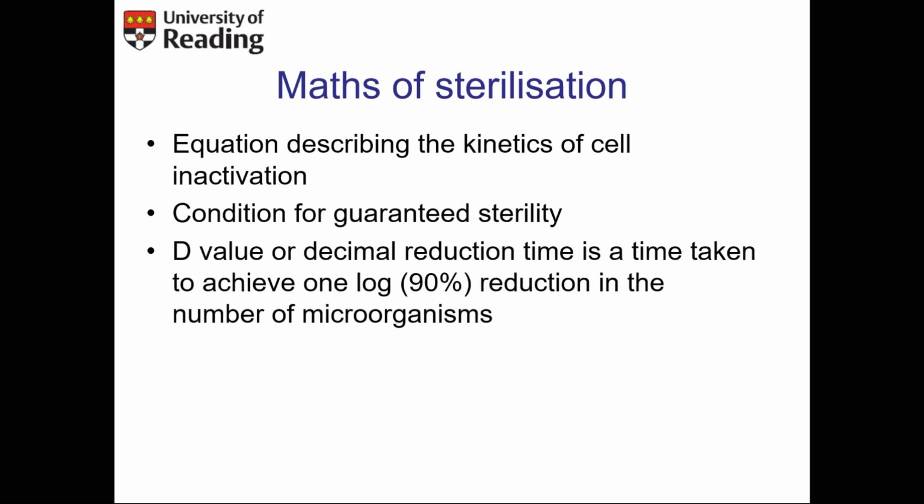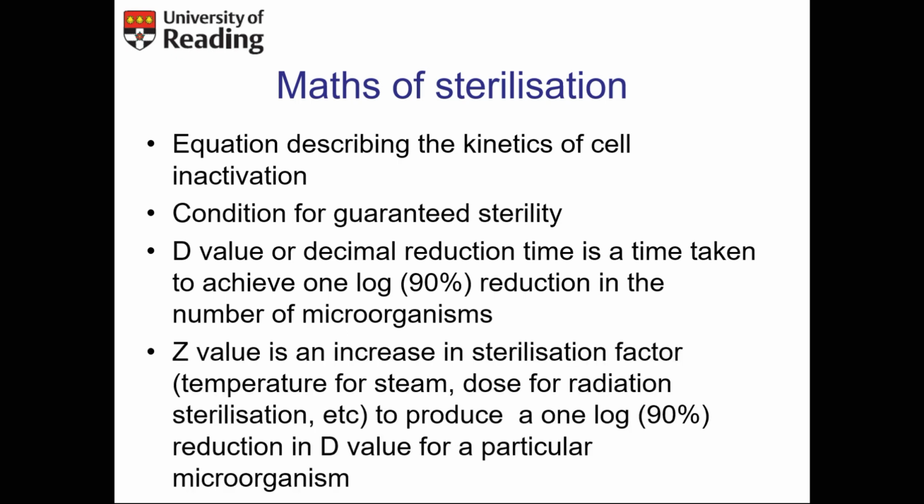Then you should be familiar with the D value, or decimal reduction time, which is the time taken to achieve 1 log reduction in the number of microorganisms. And also the Z value as an increase in sterilization factor, for example temperature for steam, dose for radiation sterilization, to produce a 1 log reduction in D value for a particular microorganism.